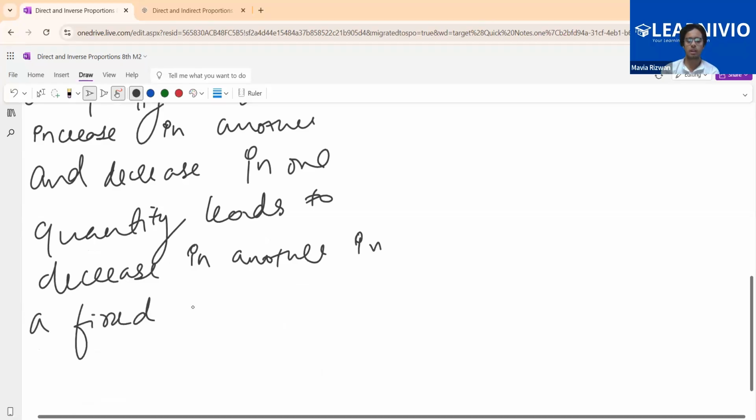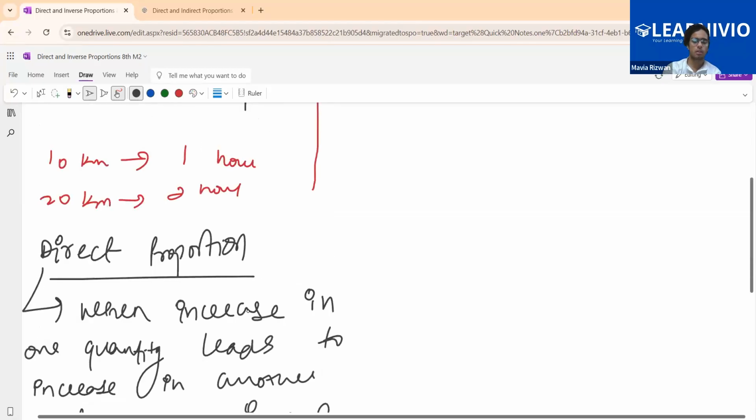What is this fixed ratio? I'll tell you that. I'll write the definition for that.